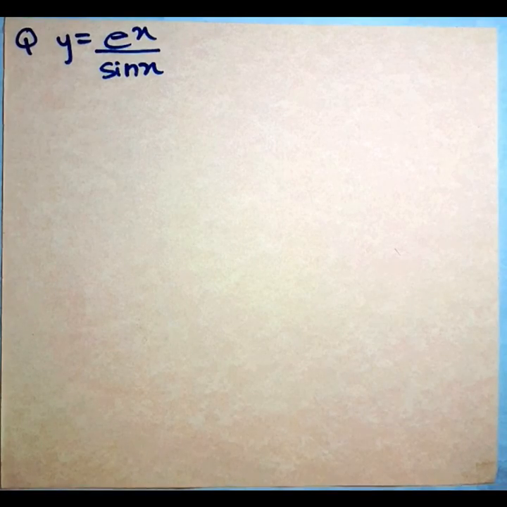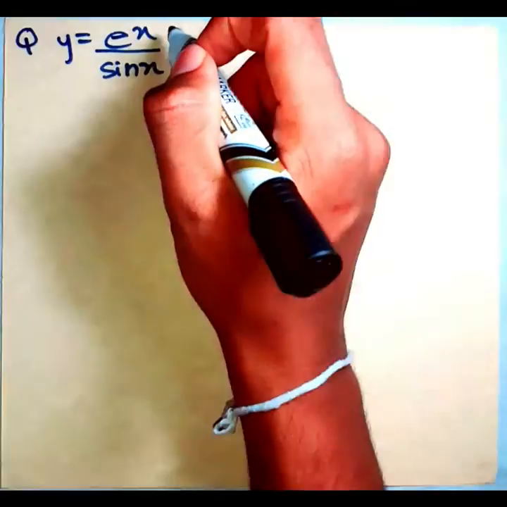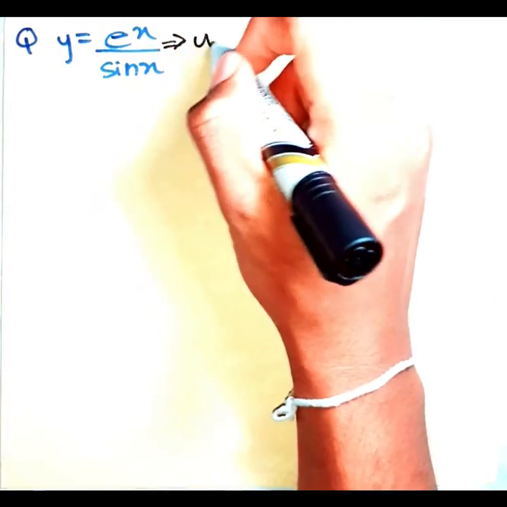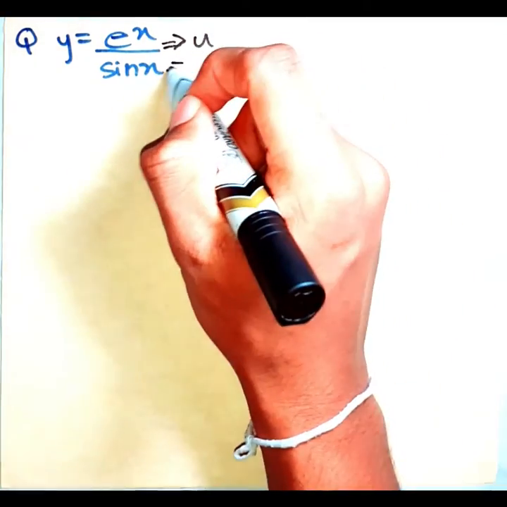Now we'll look at the second question, where y is equal to e to the power x divided by sine of x. The first steps are the same. We label u, e to the power x, and v, sine of x.